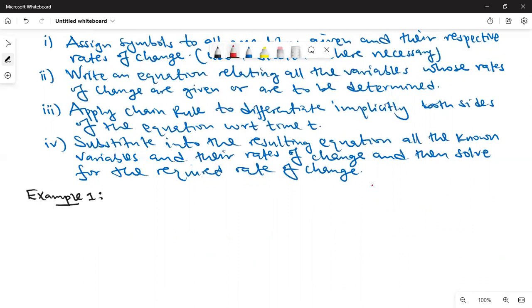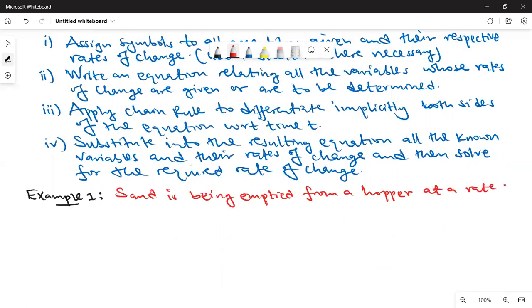We are told that sand is being emptied from a hopper at a rate of 10 cubic feet per second.